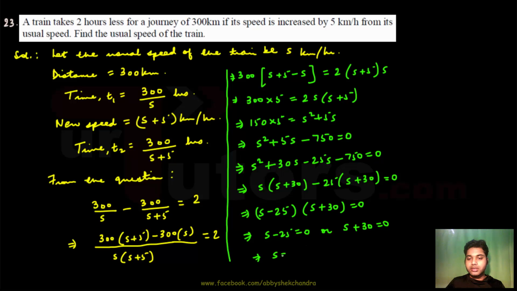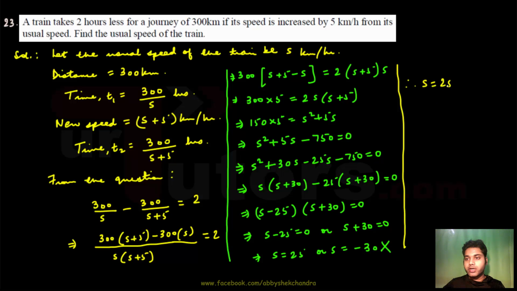This means s is equal to 25 or s equal to minus 30. Now this option is not possible because speed has to be positive. Therefore the usual speed of the train is 25 kilometers per hour.